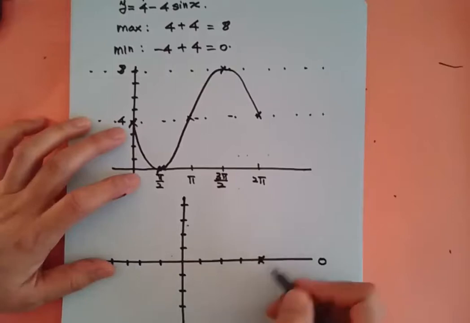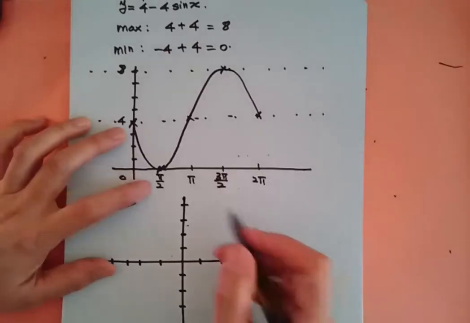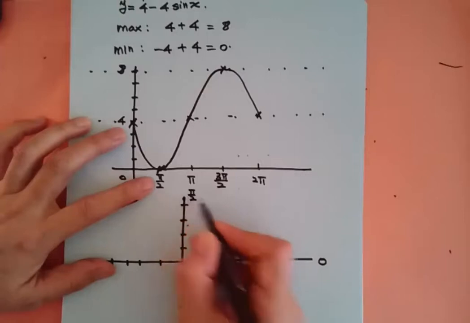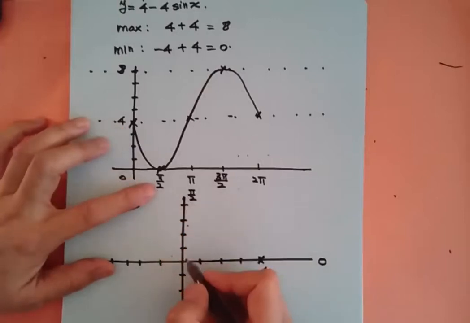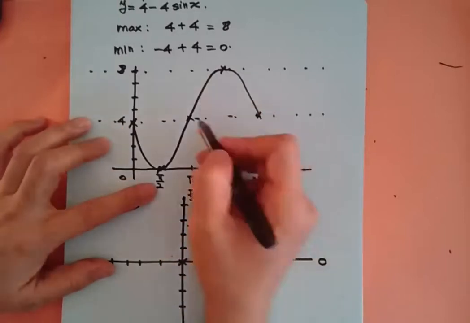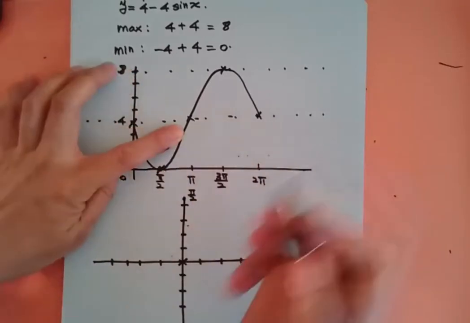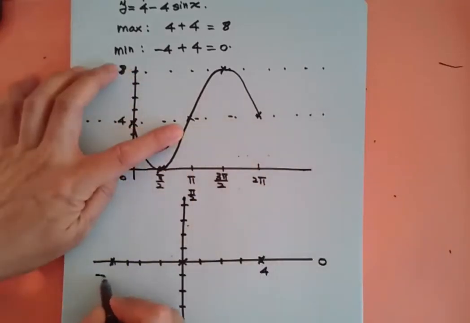When the angle is pi over 2, the distance becomes 0. When the angle is pi, the distance is 4.